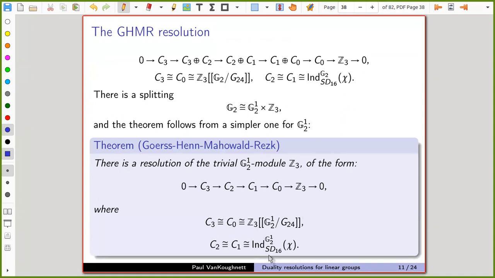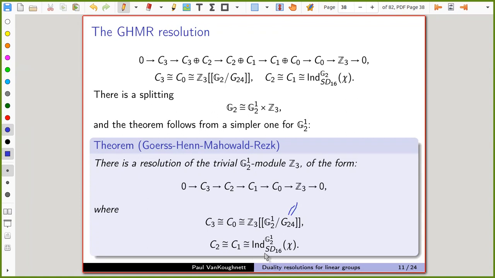I'm not sure what the G24 group is. G24, it's either... Oh, yeah, it gets complicated because there are a few different ways to define these profinite groups, but I think it's either a semi-direct product of C3 with a quaternion group or a semi-direct product of C3 with a dihedral group.